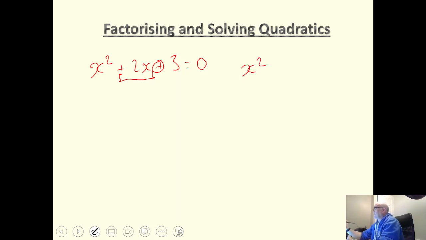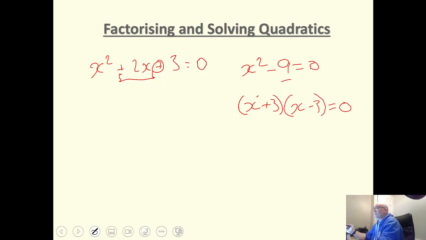So if you had something like x squared minus 9 equals 0, when you come to factorize this, we've got no x term and we know that 9 is a square number, so my brackets would have to be x plus 3 and x minus 3. The x plus 3 and minus 3, when we multiply them out, will cancel themselves out, so we lose the x term in the middle, and the 3 times negative 3 will give me my negative 9.